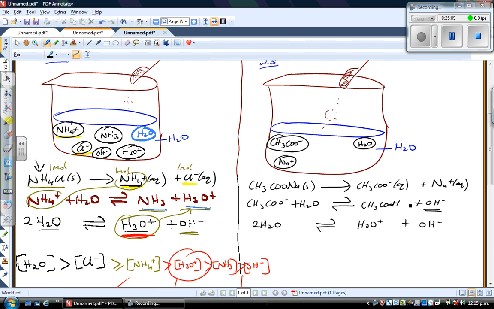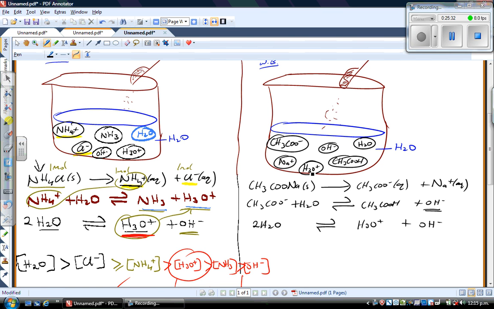So the CH3COOH, we can add those because they are constantly changing, so we can put them in there. The hydroxide ions need to go in as well. And then we need to also get the H3O+ ions in there.